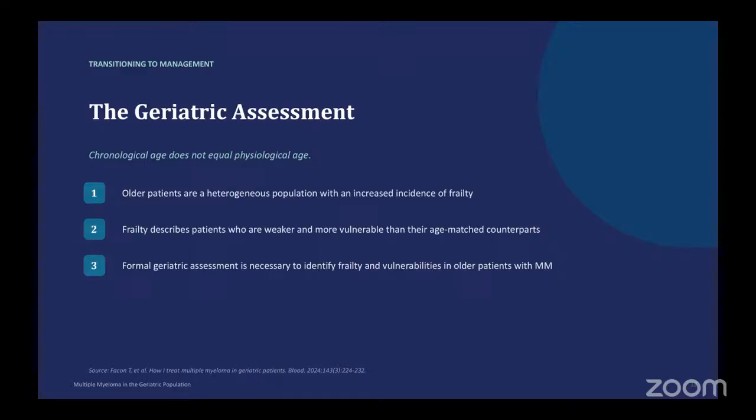This makes older patients a little bit more challenging because of their vulnerability, and it makes them a heterogeneous population, meaning you can never expect the same tolerance to treatment, even within those who are the same age. Two 75-year-olds could have totally different frailty scores, with one being more fit and the other being extremely weak.